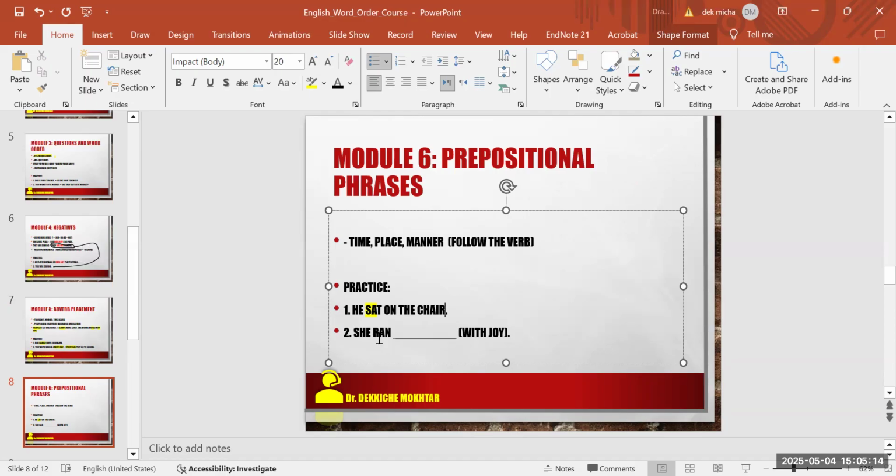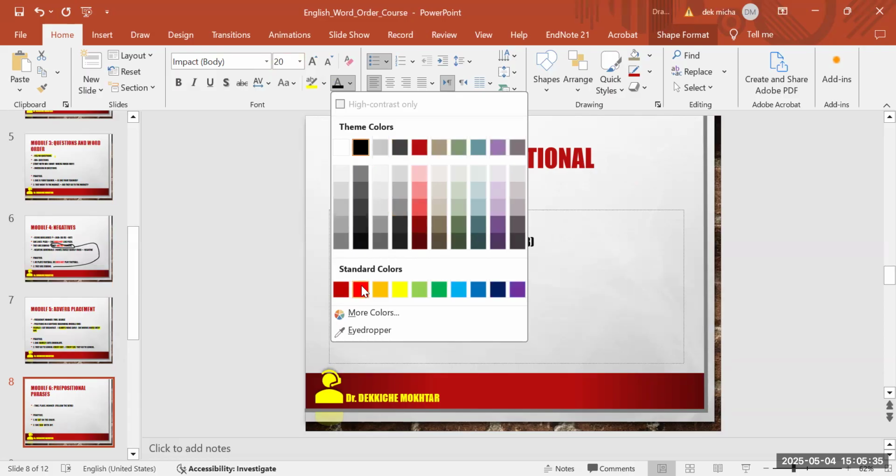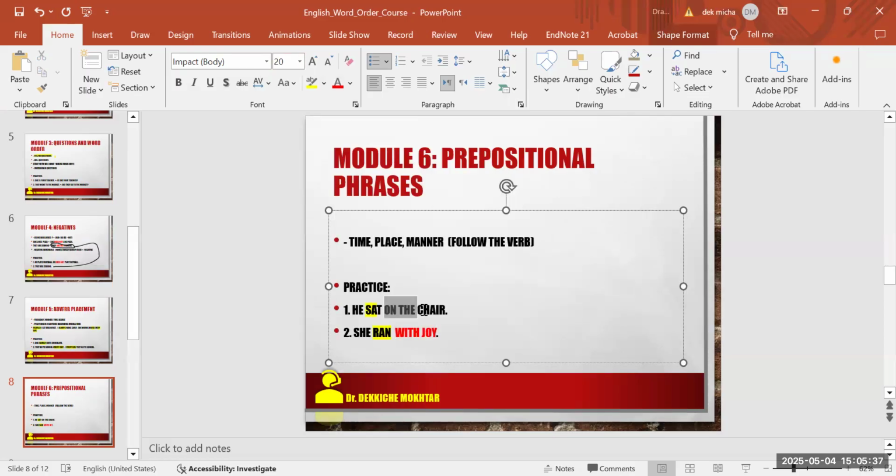And she ran is the verb here. We said that the prepositional phrases follow the verb, and this is: she ran with joy. And this is a preposition.